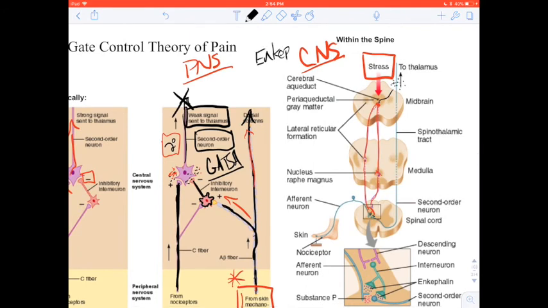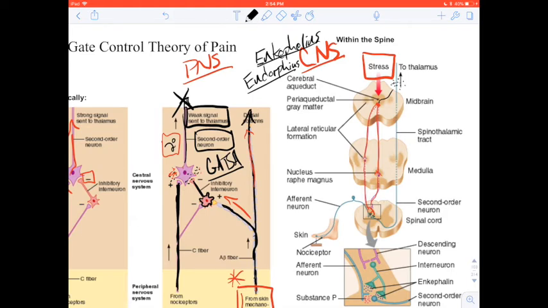Right, enkephalins, and then what we all know, the famous endorphins. And these are just endogenous opiates within our own system. Right? We make our own opiates and release these to quiet down these other pain neurons.